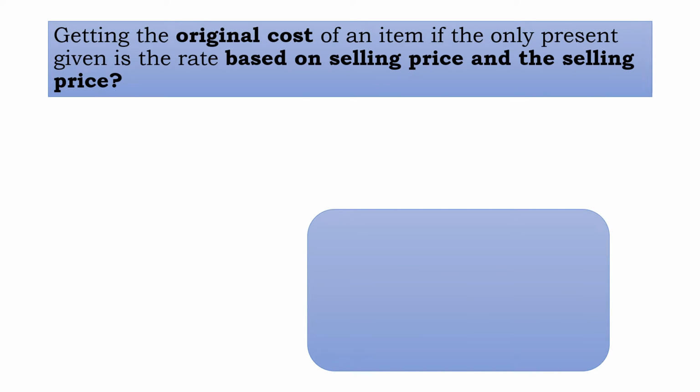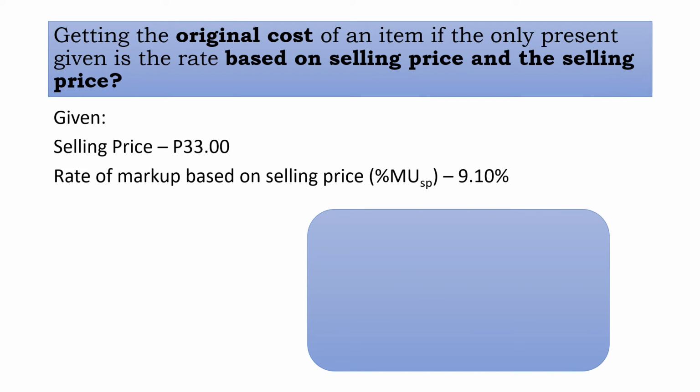And now we are going to proceed in getting the original cost of an item, but the only present given is the rate based on selling price and the selling price only. Now the given are the selling price, which is 33 pesos, and the rate of markup based on selling price is 9.1%. The formula to be used is still the same. Selling price is equal to cost plus markup.